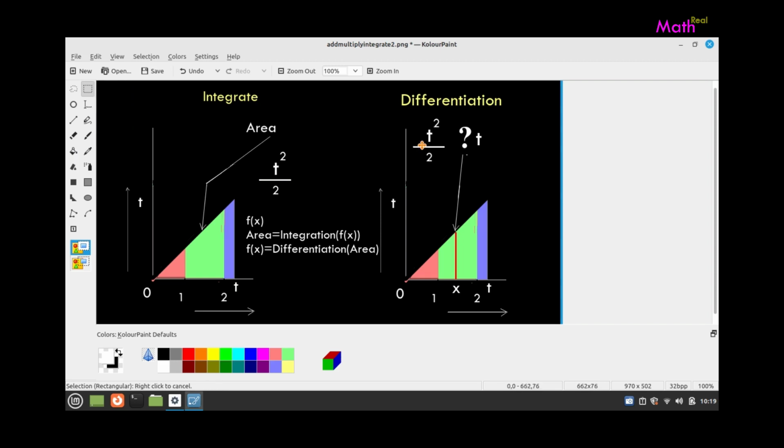if the area is t square, then differentiation is denoted as d by dt. So we say d(t square) by dt.